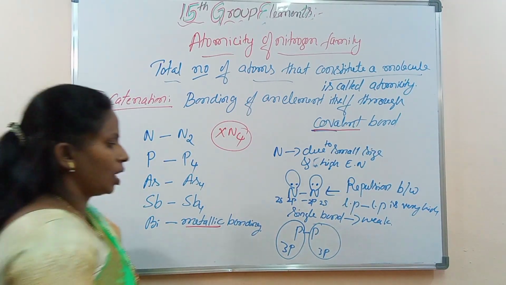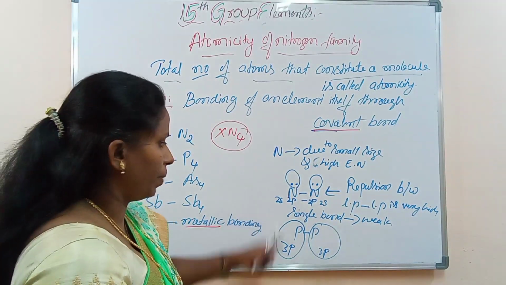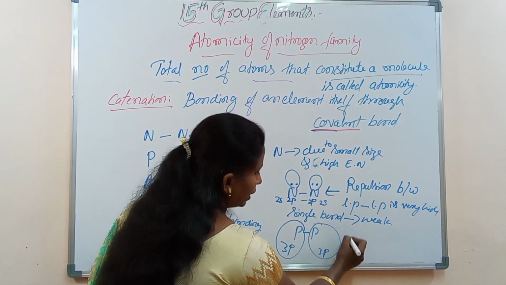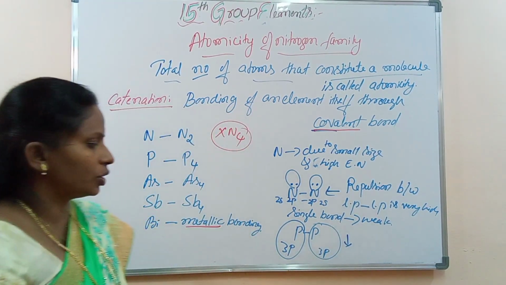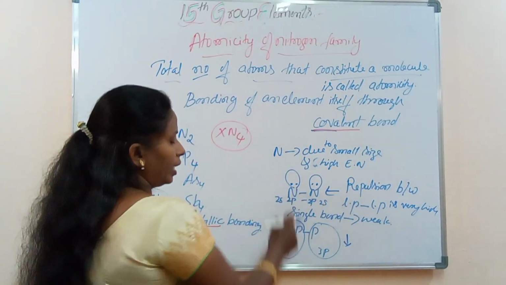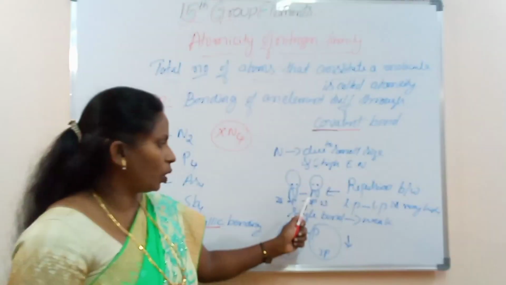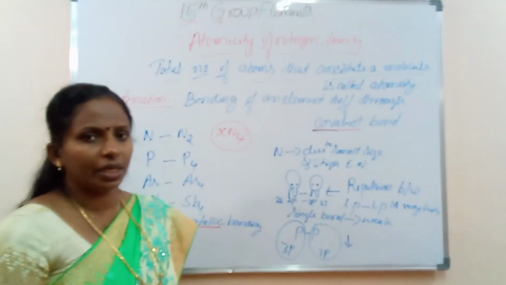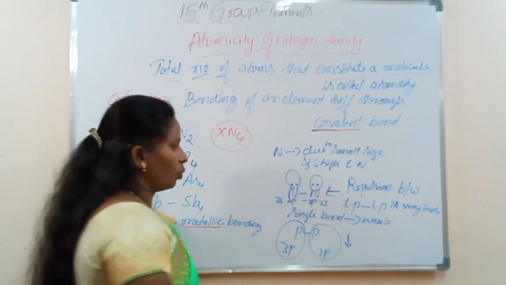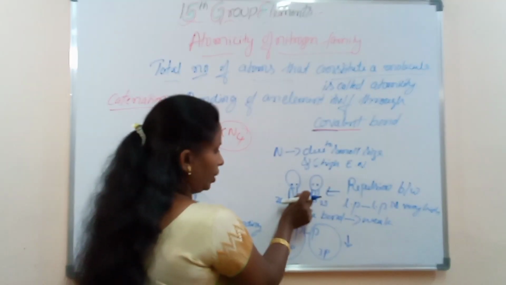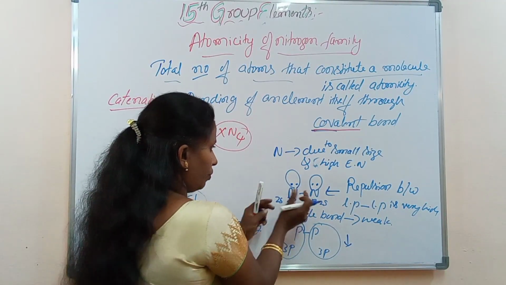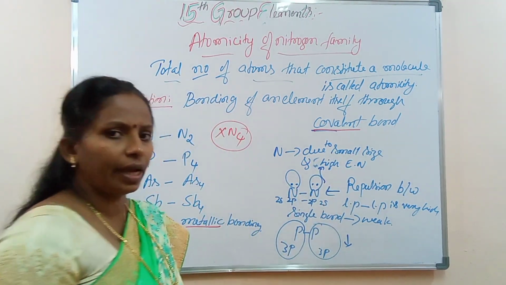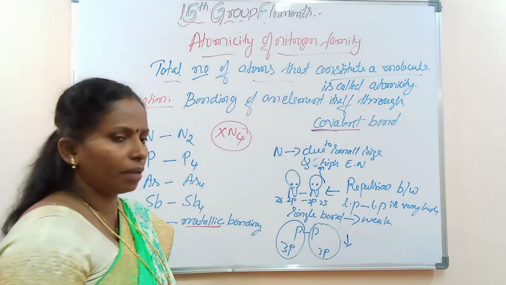The molecule is larger compared to nitrogen, so the repulsion decreases, and so the N-N single bond is weaker compared to the P-P single bond. So what will happen? This is a weak bond, but these atoms are small in size, with high electronegativity value, and they have the same size.